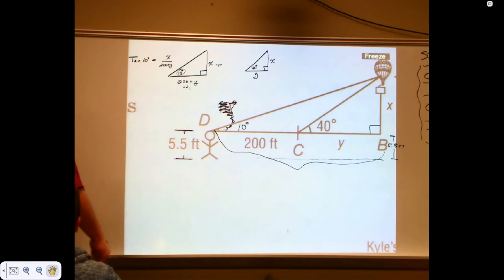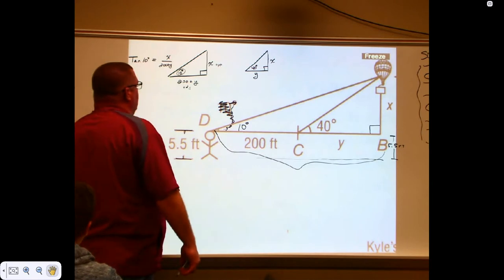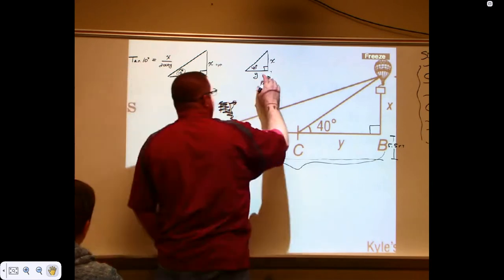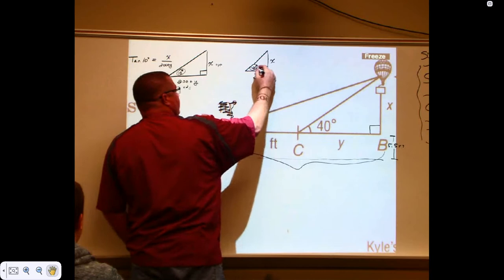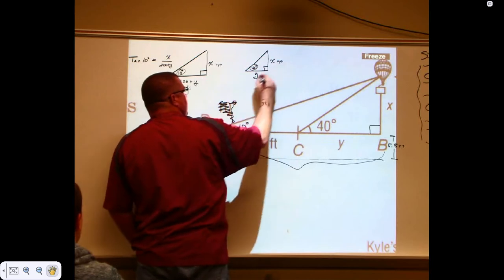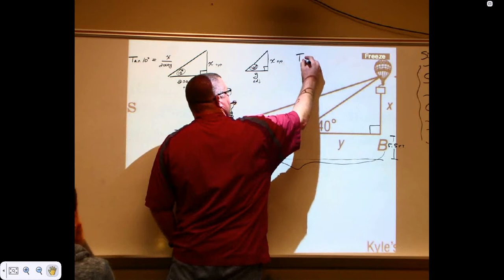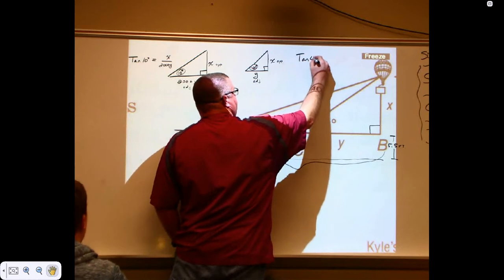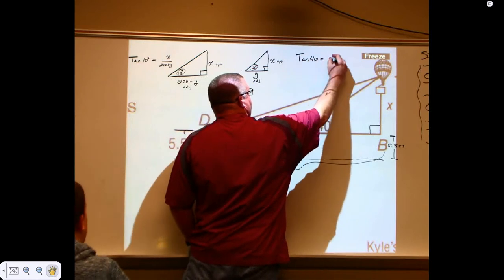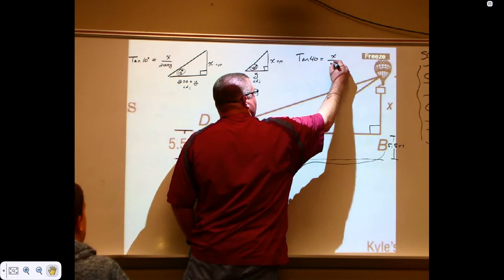Over here, with respect to this angle, they've given me the same thing, the opposite and adjacent. So this is also tangent. Tangent of, but this time, 40 is equal to the opposite, which is x, and the bottom, which is what?